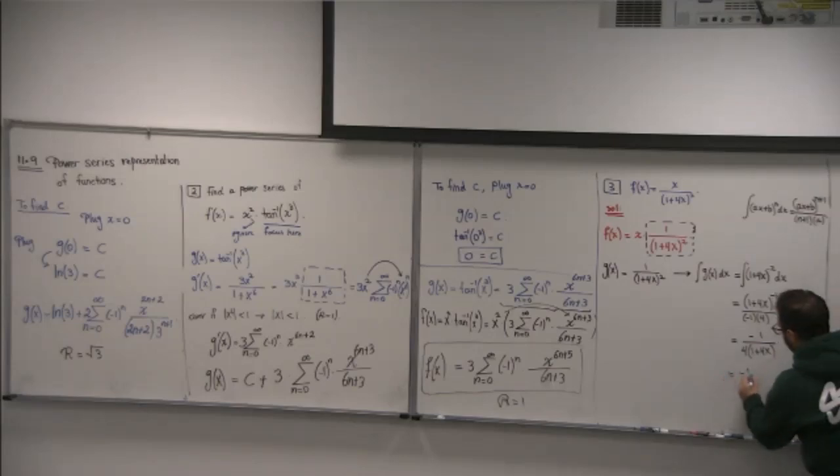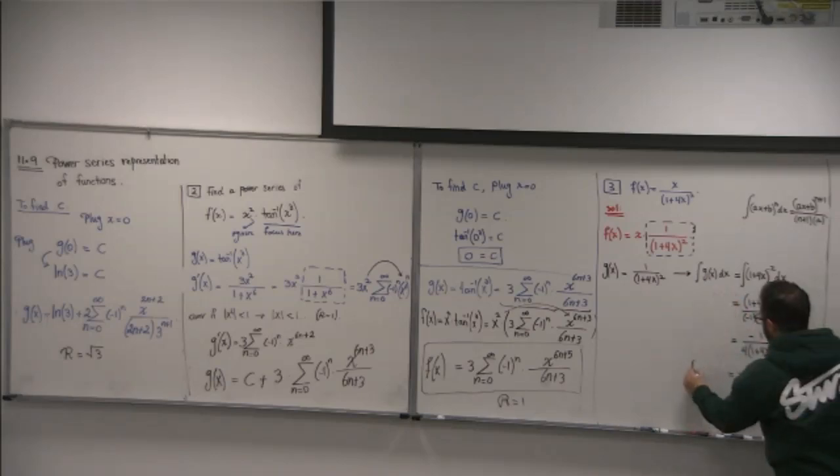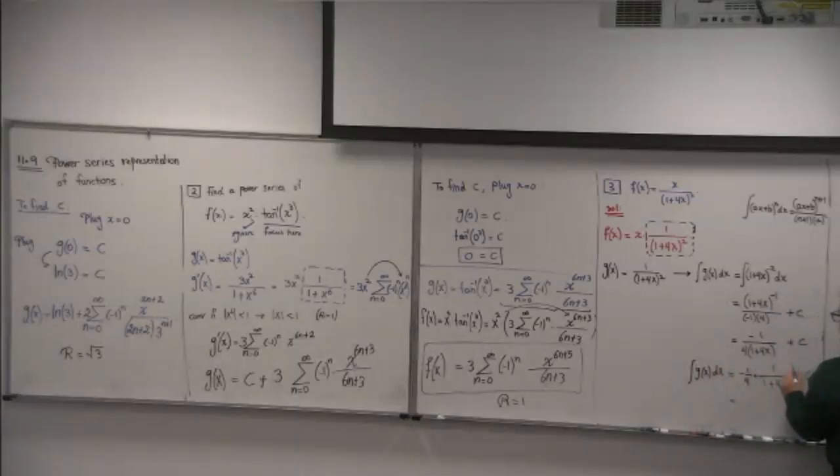Or you can write this as minus 1 over 4 times, because we're trying to isolate everything here, trying to have 1 over 1 plus something. Okay? All of this is the integration of g of x. Now, I reach the form of my series, 1 over 1 plus something.